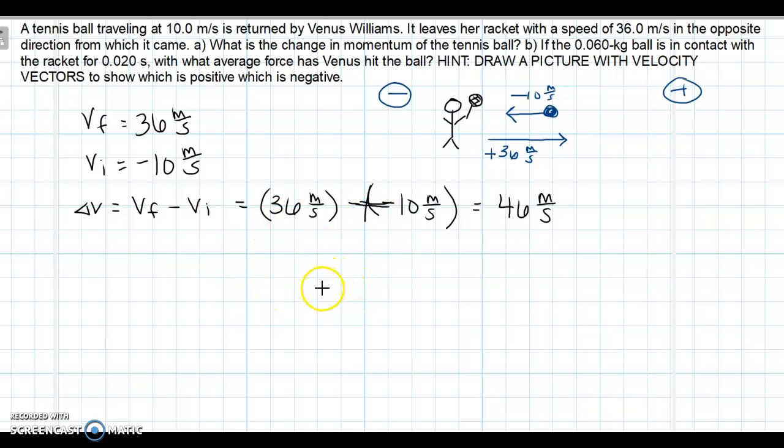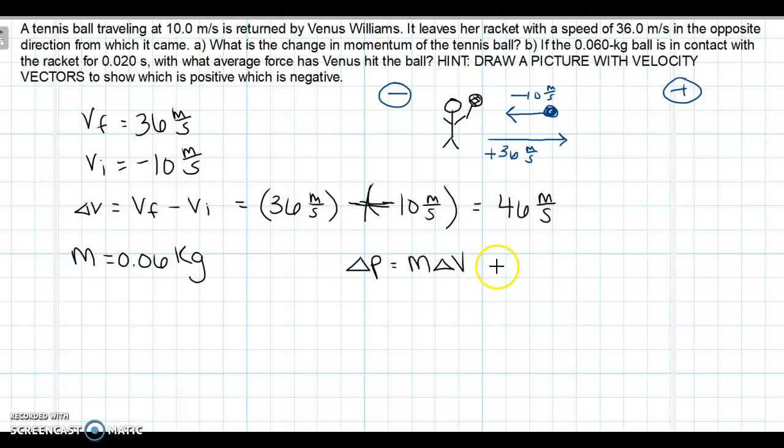The first part of this question is, what is the change in momentum of the tennis ball? Using the information from part B, I know that the mass is equal to 0.06 kilograms, and that my change in momentum is equal to my mass times my change in velocity.